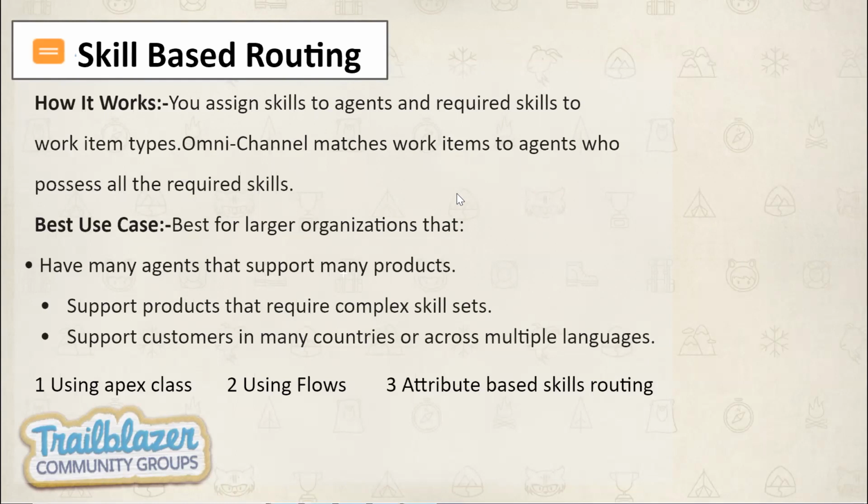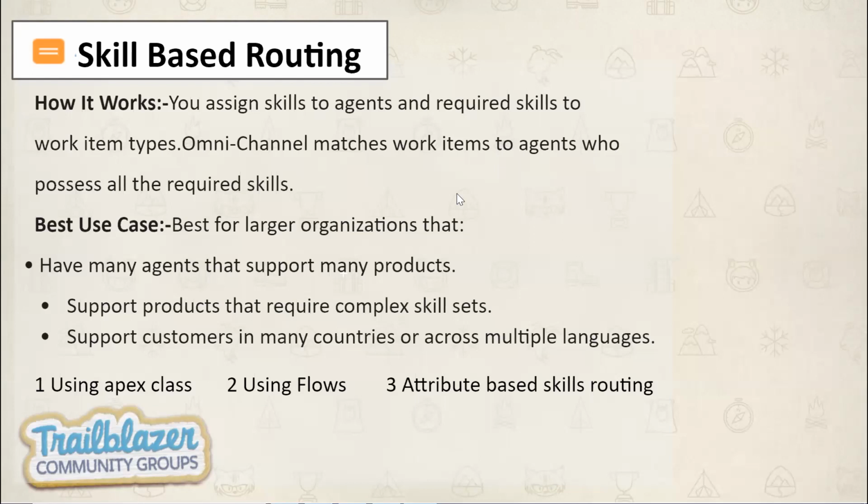Work item here you can consider a case. Right now we're working on the case object, so you can consider the work item here as a case. So in skill-based routing, omni-channel matches the work item to those agents who possess those skills.